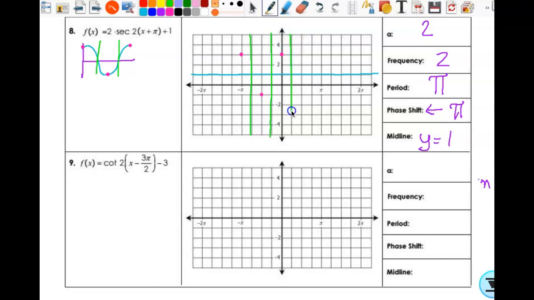And when you go to sketching the curves, you're always going away from the midline.